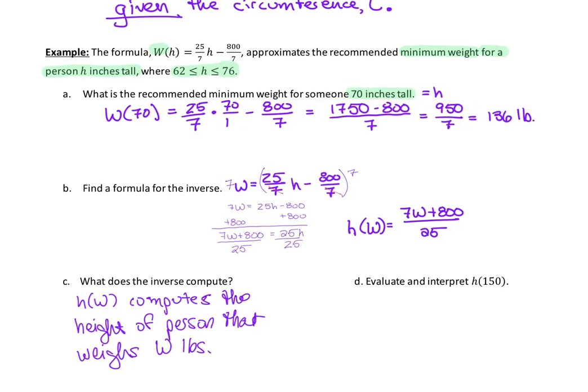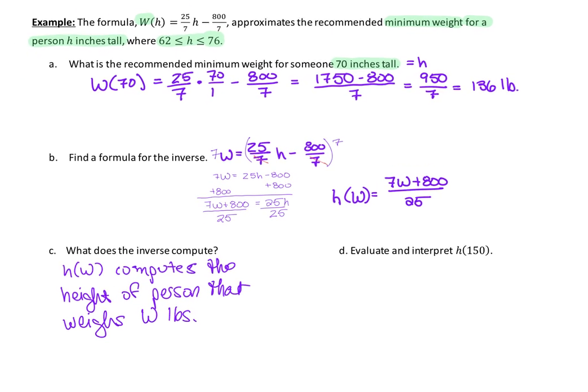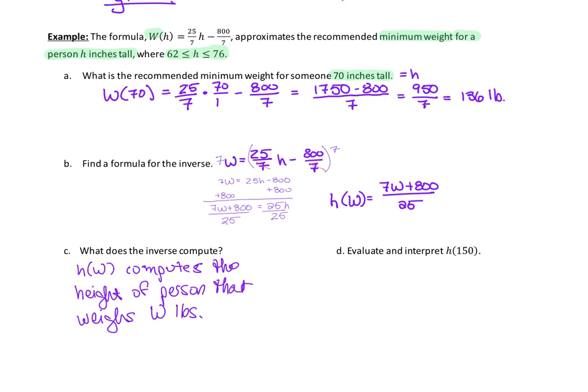All right, let's go ahead and we're going to do 2 more things here, okay? The first one is, let's go ahead and evaluate and interpret h of 150. Okay, so you can do this one of 2 ways. And I'm just going to do one way.